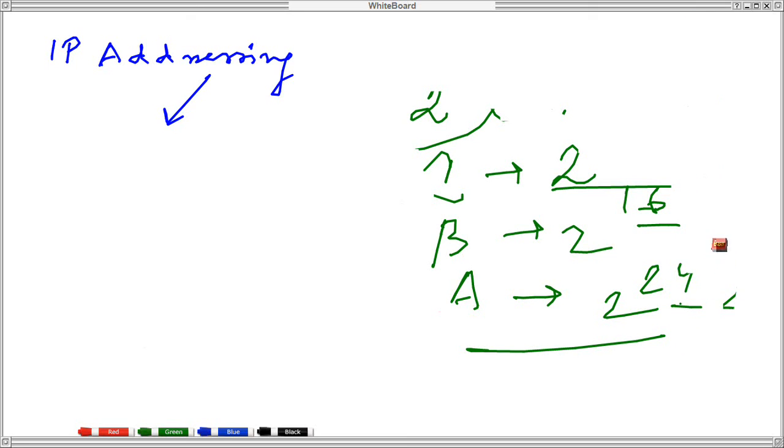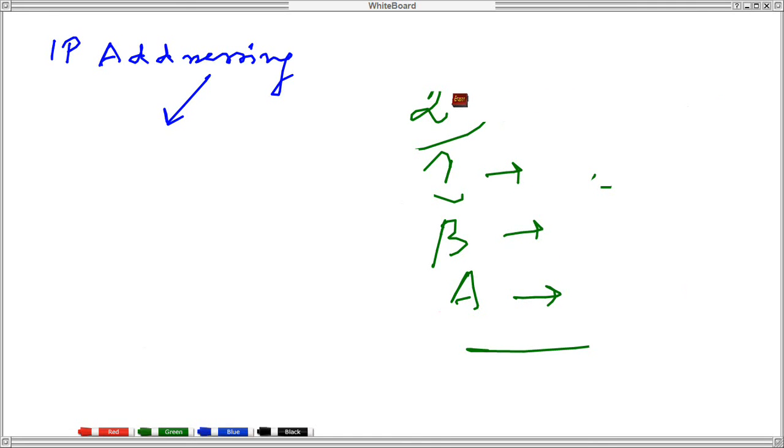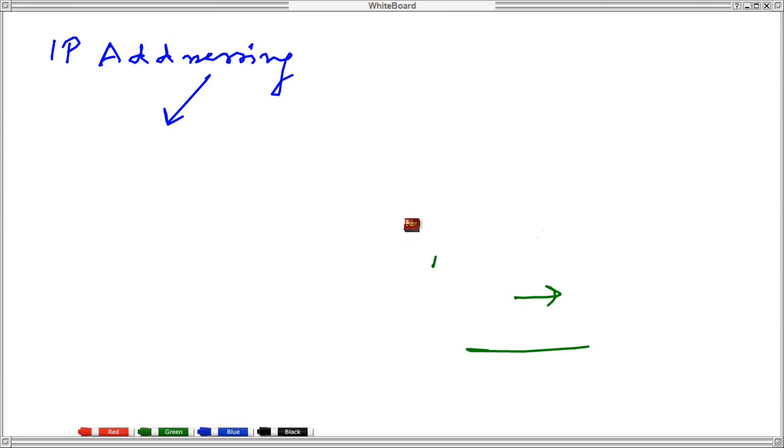The variable length subnet mask is actually telling me how to calculate a variable size host, but there are a few golden rules and a formula. Let me tell you the formula.